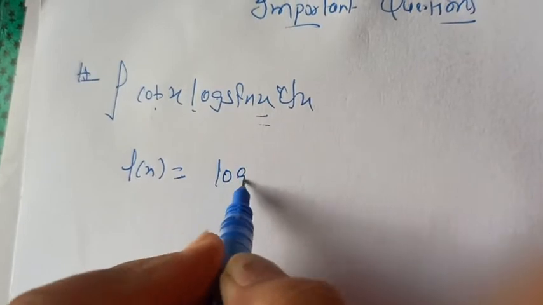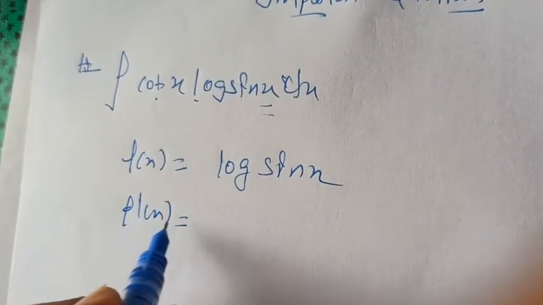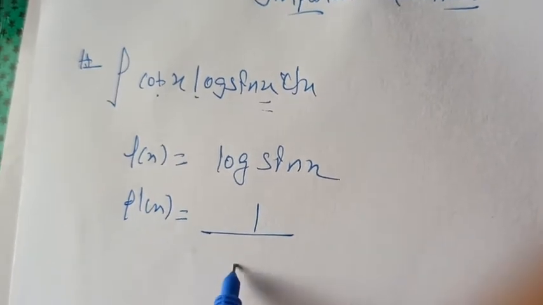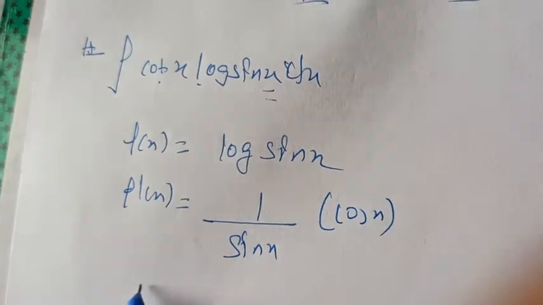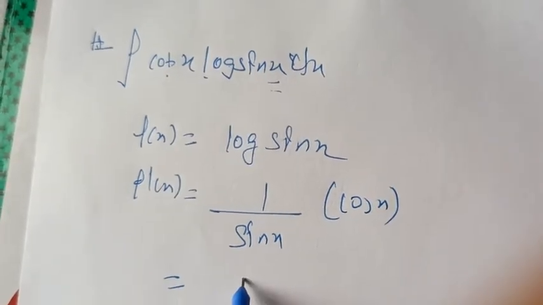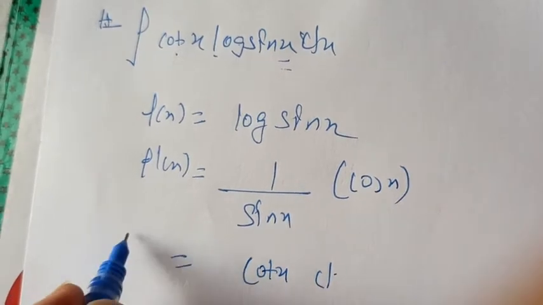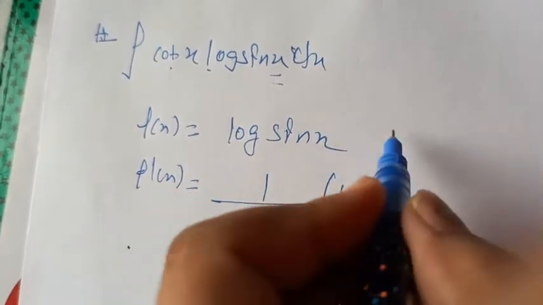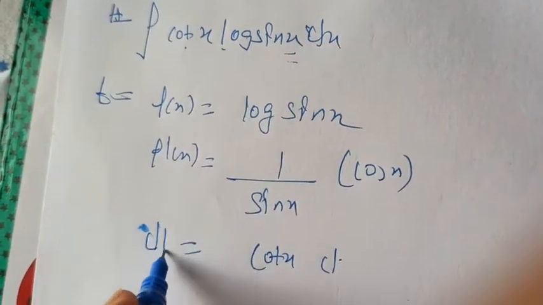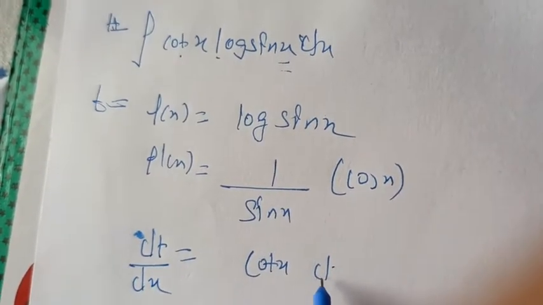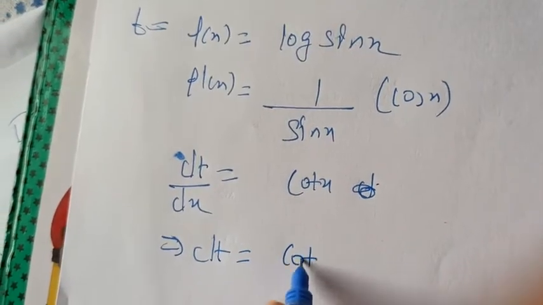If you take this as function, you get derivative as 1 by sin x, and derivative of sin x is cos x, so you get cot x dx. You have taken this f of x as t, so dt by dx is cot x, and the value of dt is cot x dx.